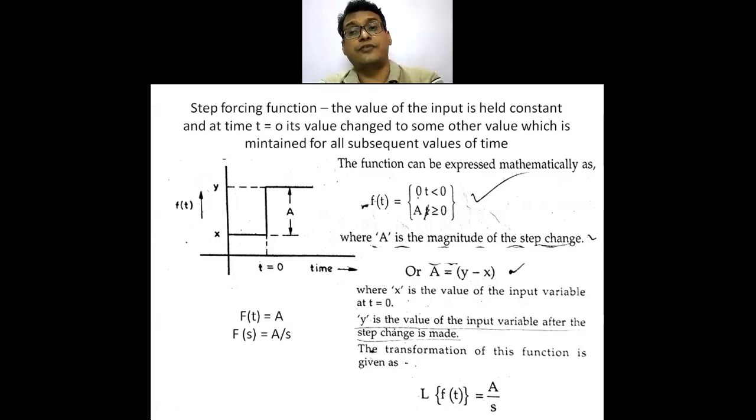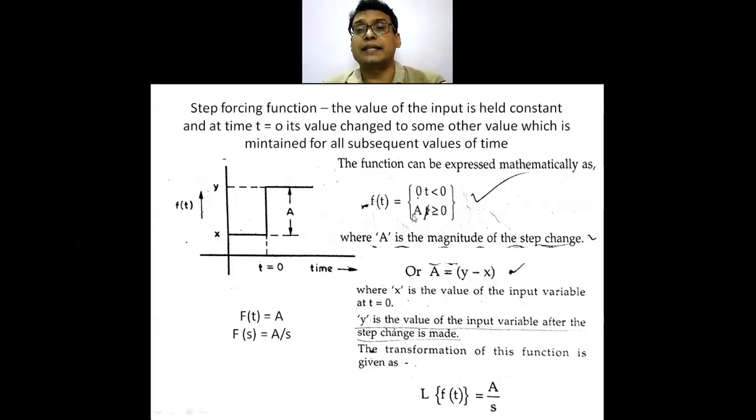Now mathematically, the function f(t) can be expressed as follows. At time t less than 0, that means before this time, the function is at 0 value. This is written in comparison with a change, and that is why it is mentioned as 0.